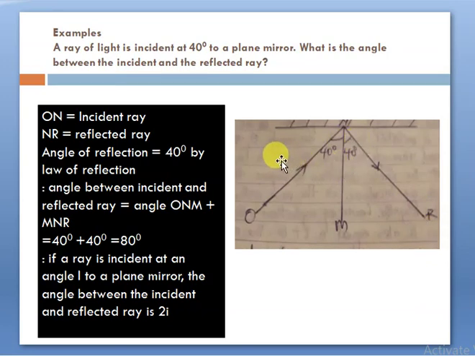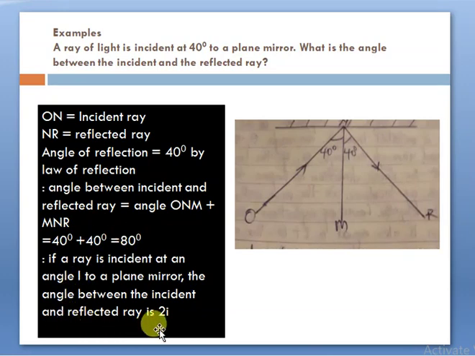So therefore, the angle between the incident ray and the reflected ray will simply be 2I, that is I plus I, or simply 40 plus 40, which will give us what? 80. 40 plus 40 gives us 80 degrees.